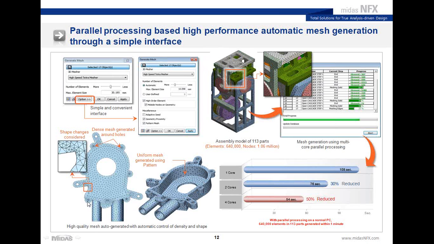And the auto mesher can also detect areas of geometrical abnormalities or discontinuities, and it can automatically provide you a refined mesh along those types of edges or small holes. And this is just a case study comparison. So you can see in this model with more than 1 million nodes and more than 600,000 elements, the mesh was generated in a mere 54 seconds.